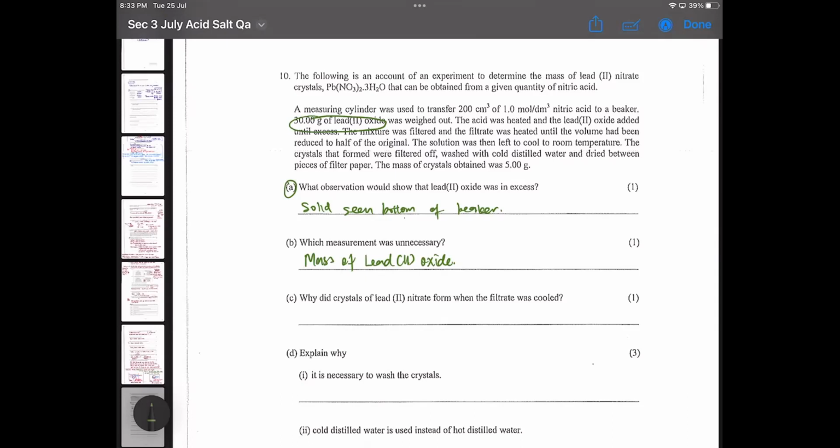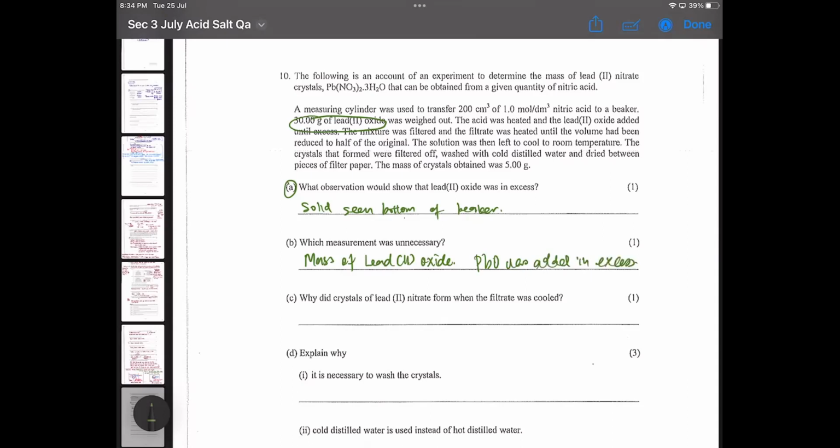If we link this to part A, why is this not necessary? Yeah, Ryan is correct. Okay, anyway, this thing is not necessary because the PbO was added in excess.